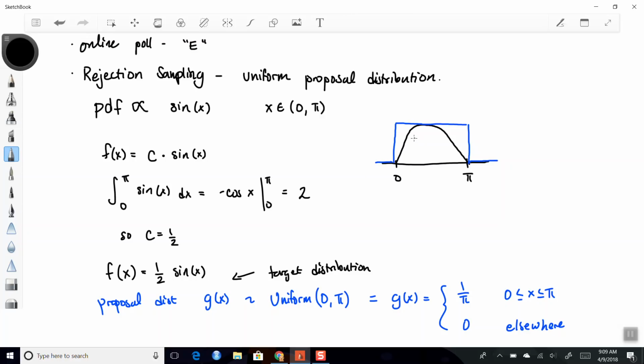And so what that looks like is we have to modify our g of x by multiplying it by a constant. So this is actually not g of x, but this blue line is m times g of x, so that m times g of x is always greater than or equal to f of x.